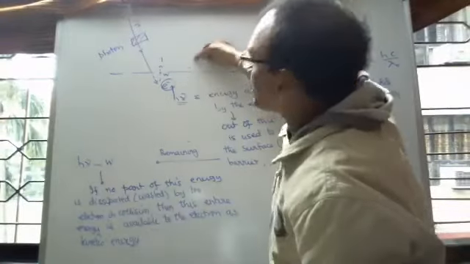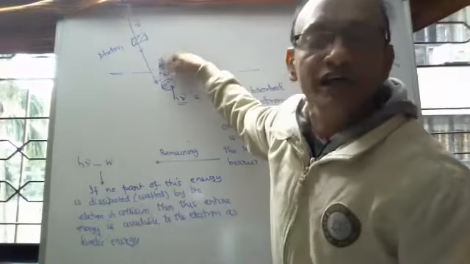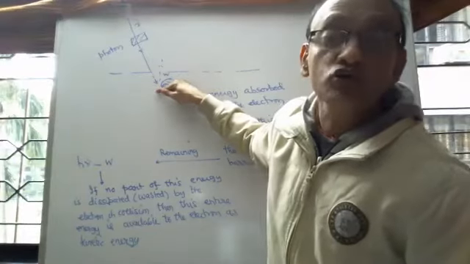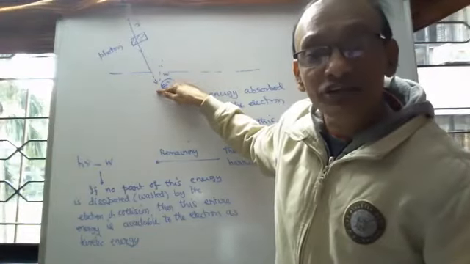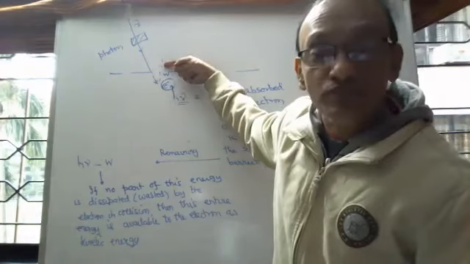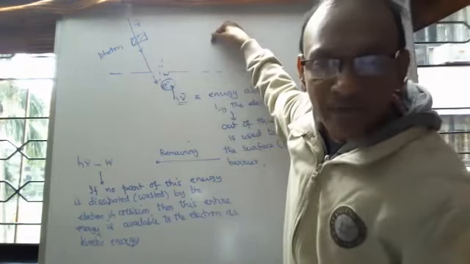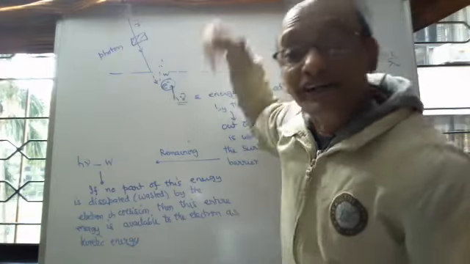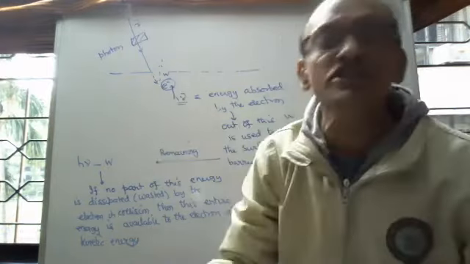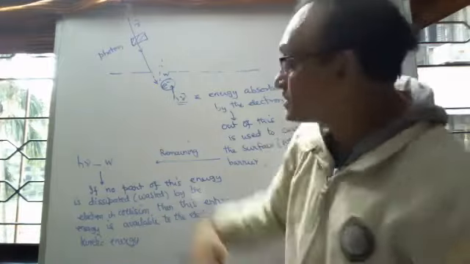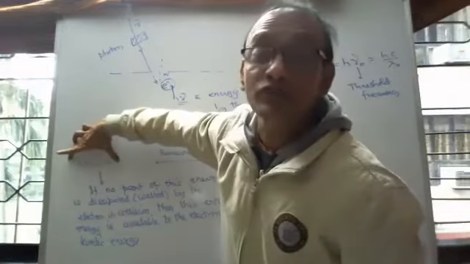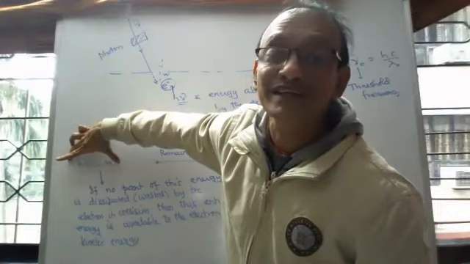So electrons are coming out of this surface with different kinetic energies. An electron that wasted more energy inside came out with less kinetic energy, and an electron that wasted less came out with more kinetic energy. An electron that has not wasted any energy in collisions comes out with this amount of kinetic energy, which is the maximum possible kinetic energy.